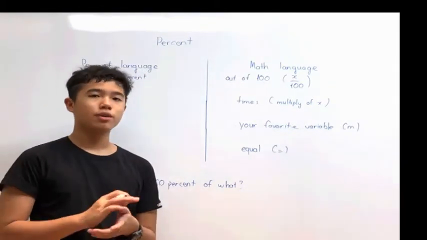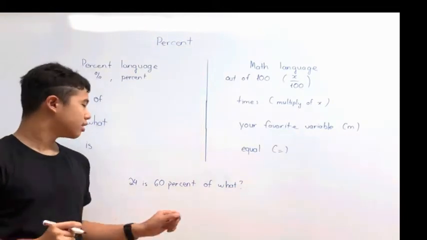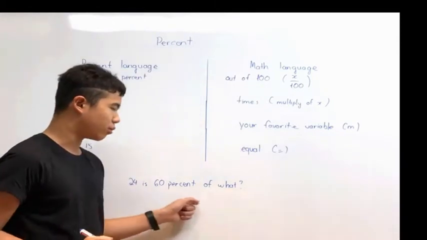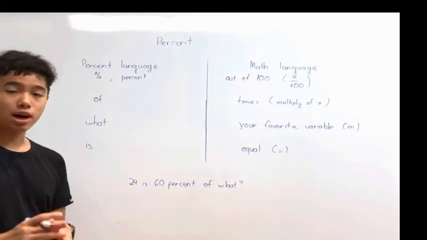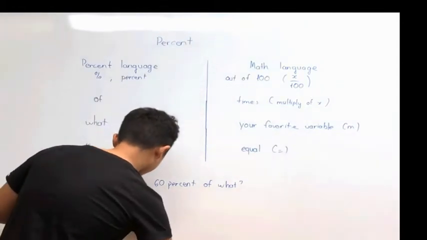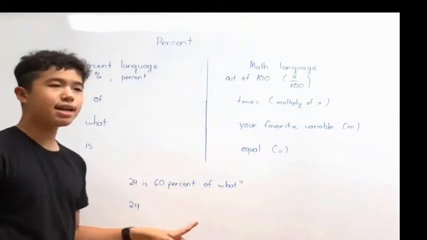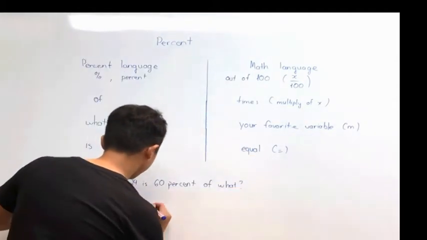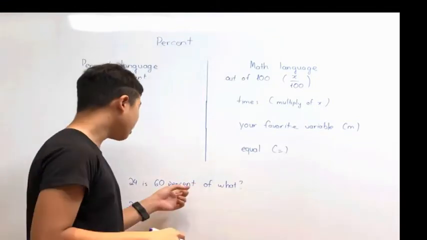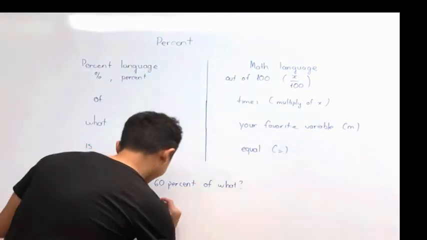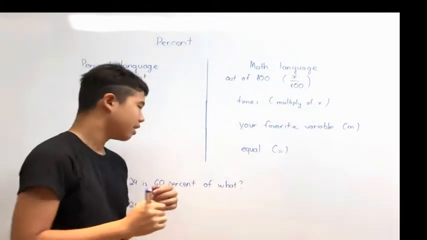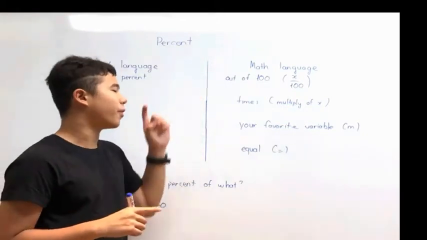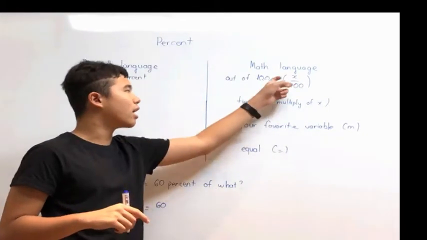If you want to solve it more easily for the basic one, you need to know this. We copy down 24. Then is, which is the equal sign. The next one, copy 60 down. And then percent, which we know is out of 100, so 60 out of 100.